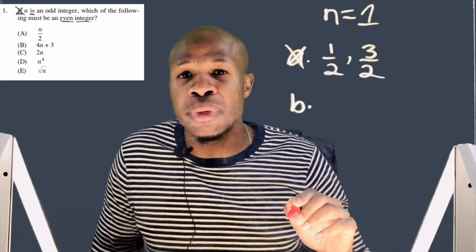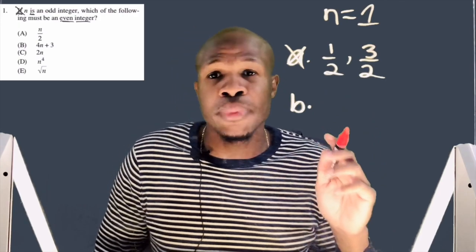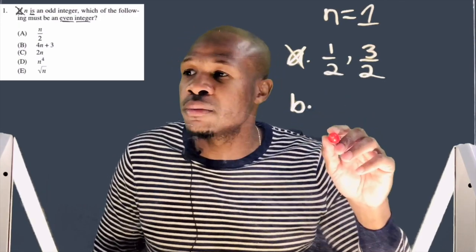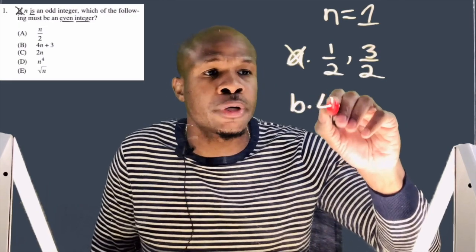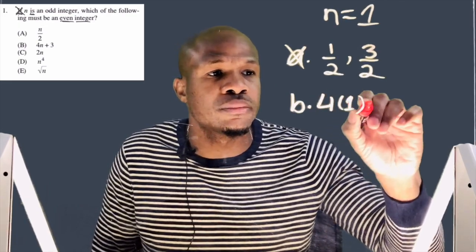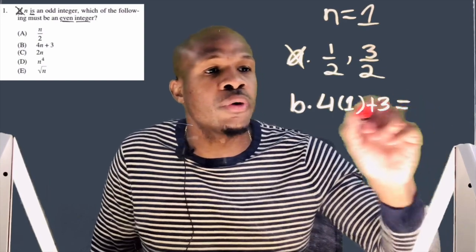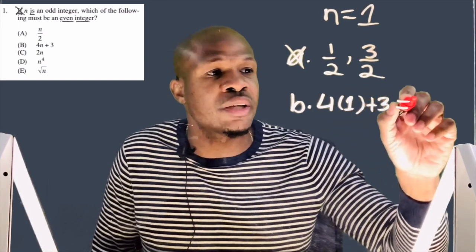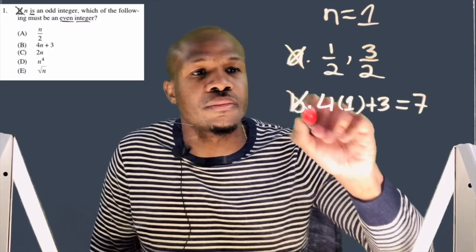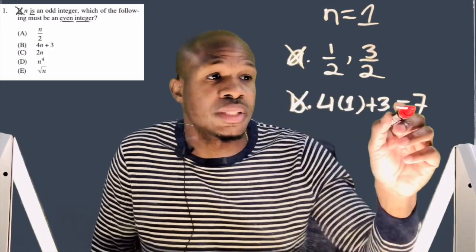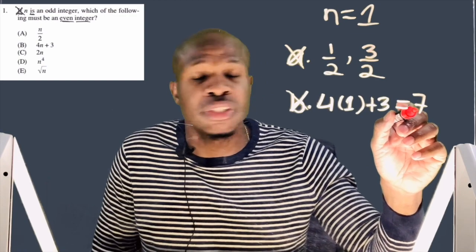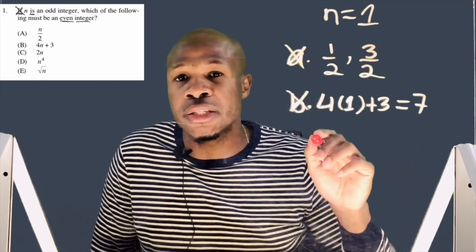And then I move on to b. Well, for b, it says 4n plus 3. So that's 4 times 1 plus 3. Now what does that equal? Well, 4 times 1 is 4, plus 3, that's 7. Right? Because 7 is an odd integer. It doesn't give me an even integer, so b is not the answer either.